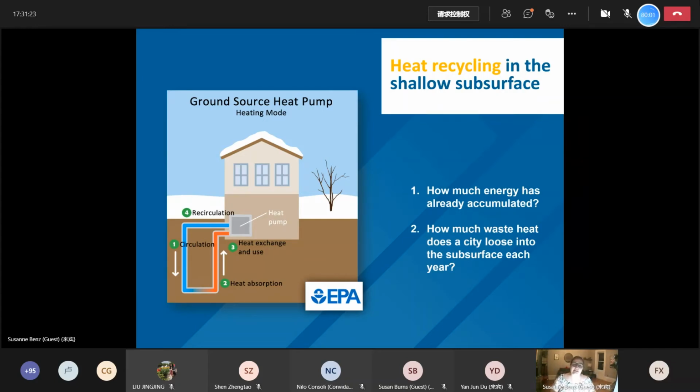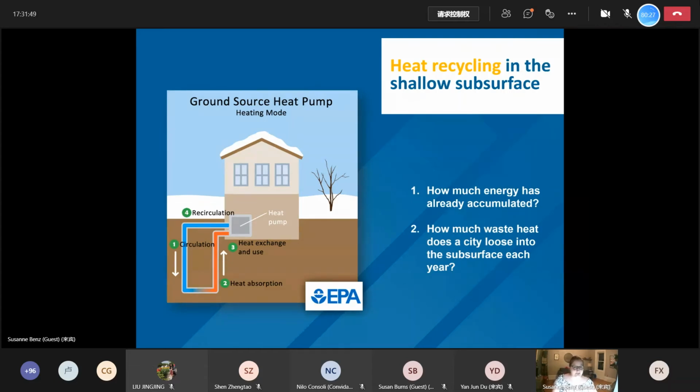And then we also need to consider that if we just take all of that heat out, there will be nothing left and we don't have any heat resource left. So we also need to know how much waste heat does the city lose into the subsurface each year? So how much heat input into the subsurface does an average city have each year?